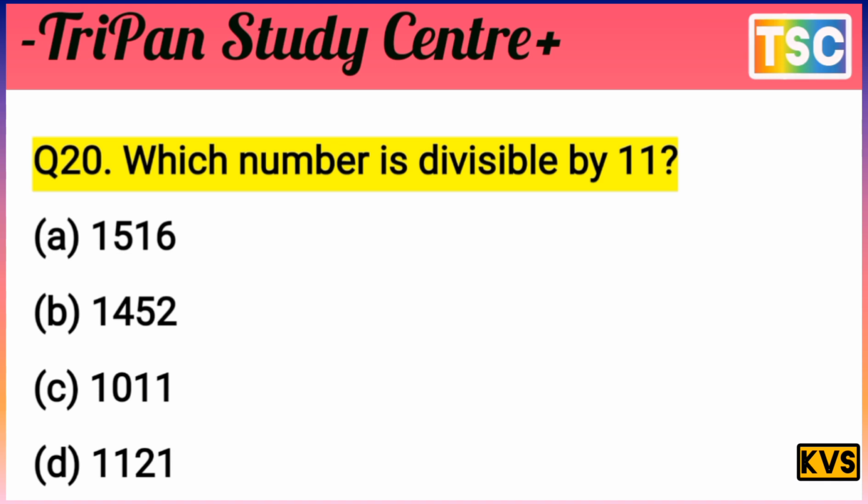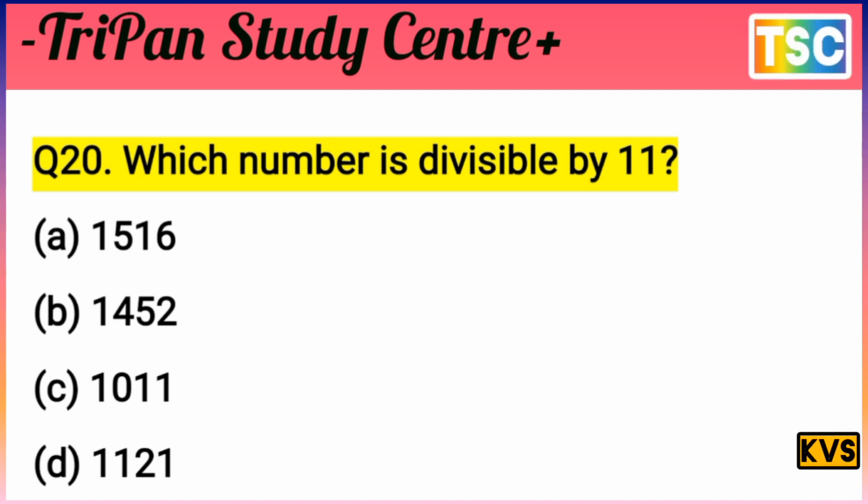Which number is divisible by 11? Option A is 1516, B is 1452, C is 1011, and D is 1121. That's the important options. You must have a thought of your answer. Let's see what the answer is.